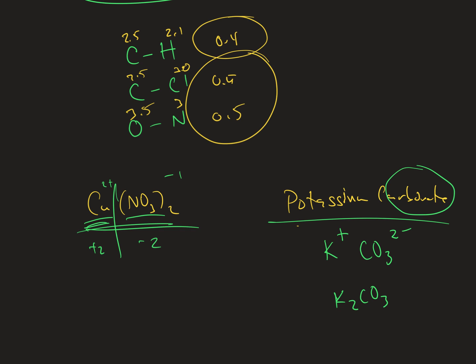Mono, di, tri, tetra, penta, hexa, hepta, octa, nona, deca. Got to know those. If you don't, you better write them on your little card. I told you to write a lot of things on your card. Mono means one. Di is 2.